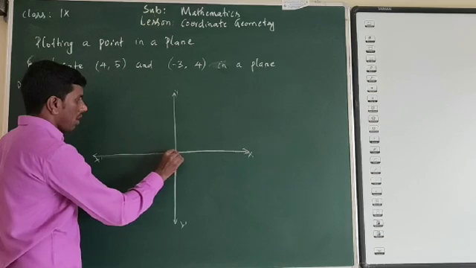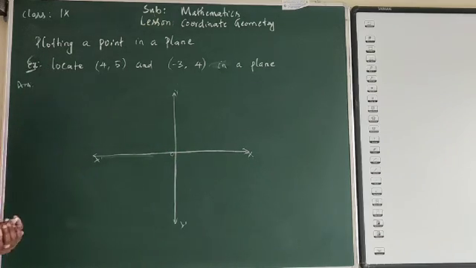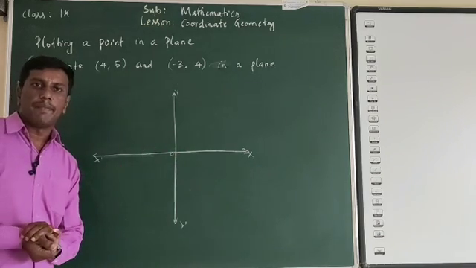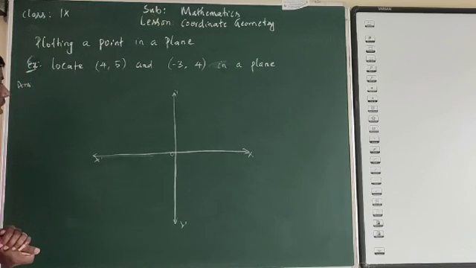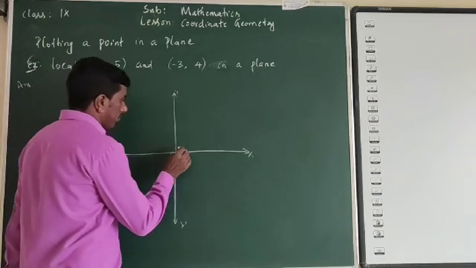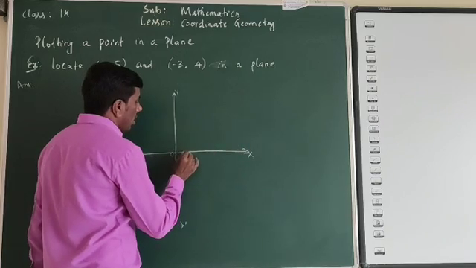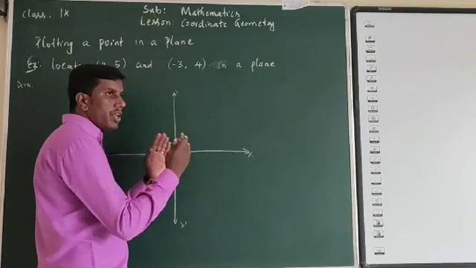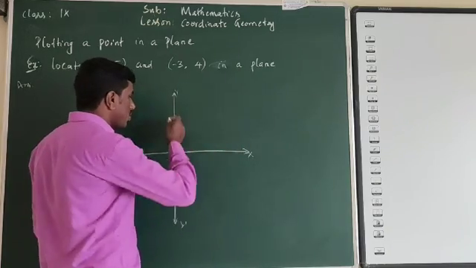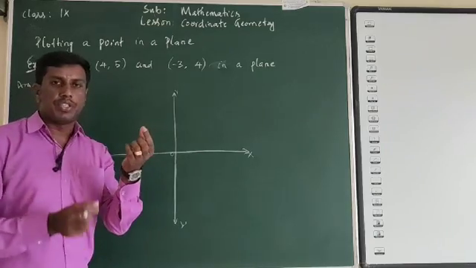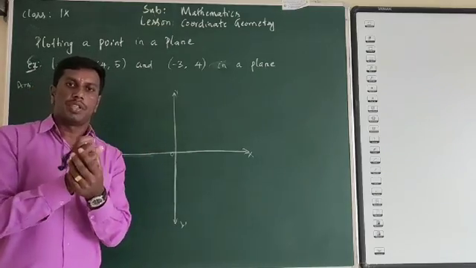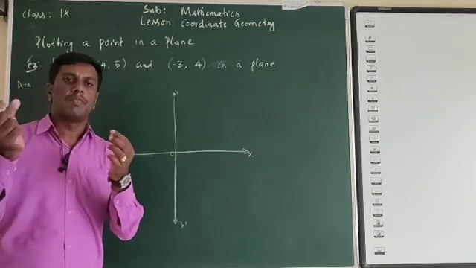This is the intersecting point, which is the origin. Coordinates of the origin are (0, 0). Okay. So now we'll divide this system into equal intervals along the x-axis also, along the y-axis also. So each centimeter should be 1 unit. Okay, each centimeter will become 1 unit.